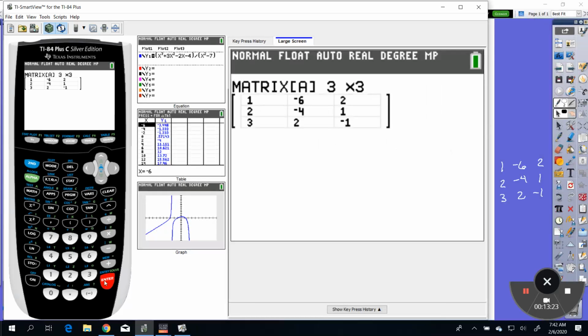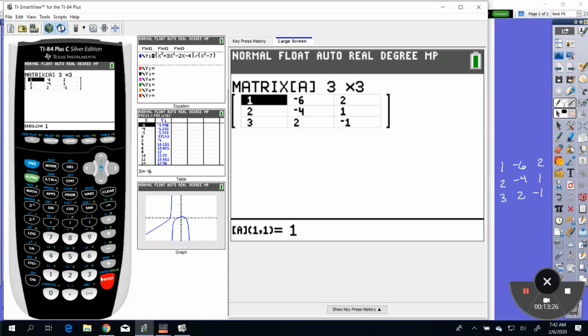It's a 3 by 3. So 1, negative 6, 2, 2, negative 4, 1, and then 3, 2, negative 1.